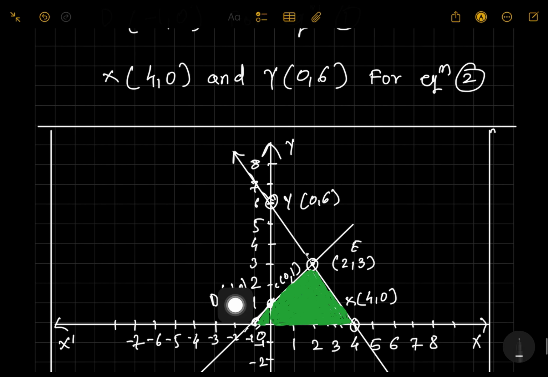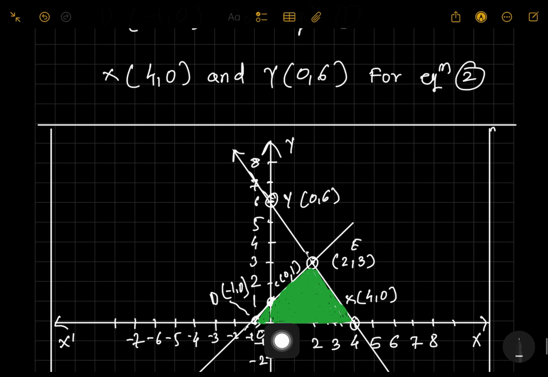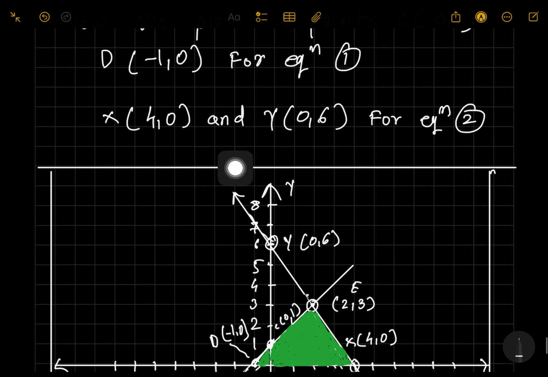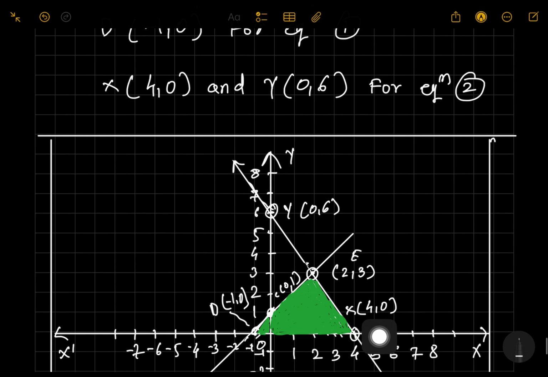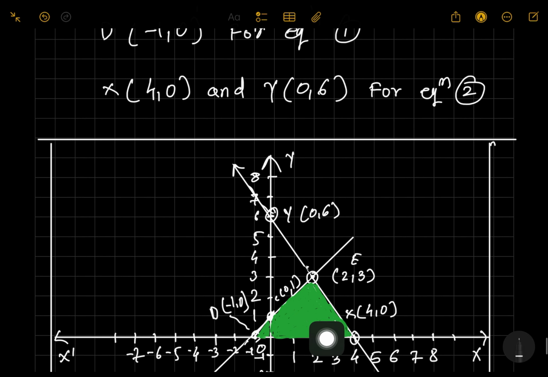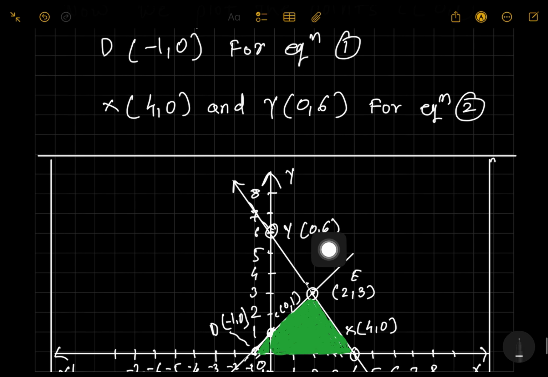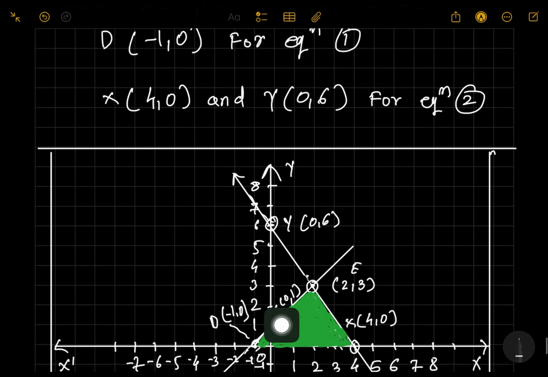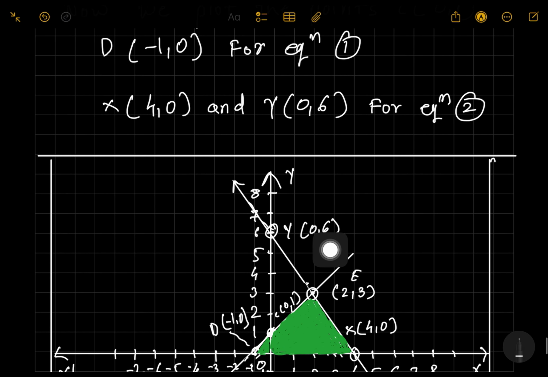I am writing D here. Then same way (4, 0) on the x-axis, I am writing x is 4. And (0, 6) means 0 is here and 6 here.